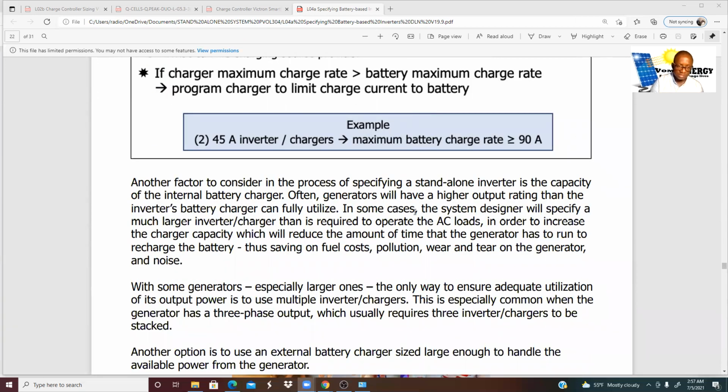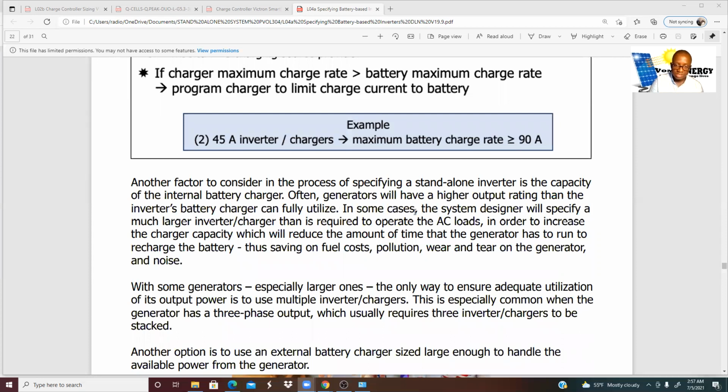Another factor to consider in the process of specifying a standalone inverter is the capacity of the internal battery charger. It's very important. Yes, I had a scenario with this. Often a generator will have a higher output rating than the inverter battery charger can fully utilize.